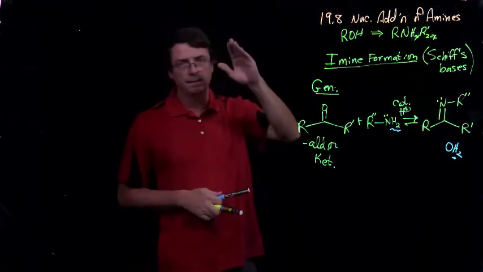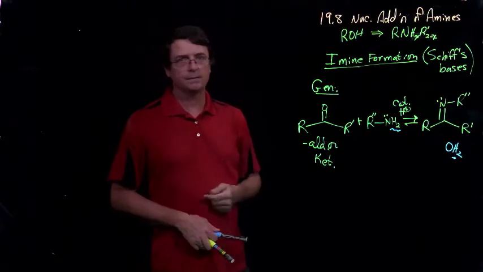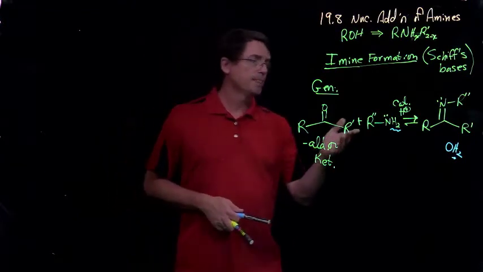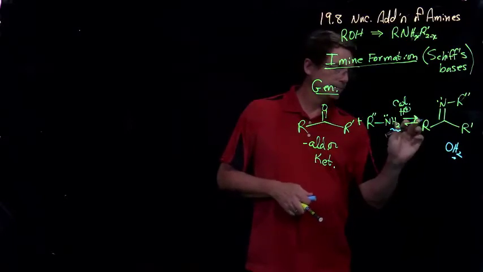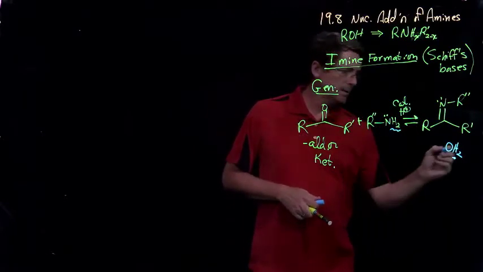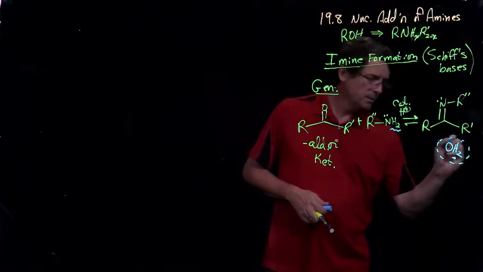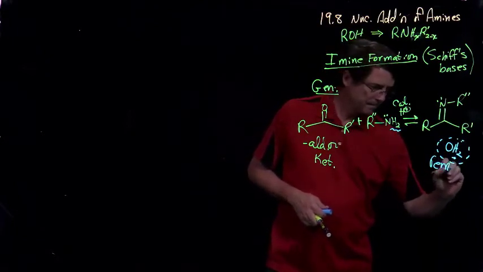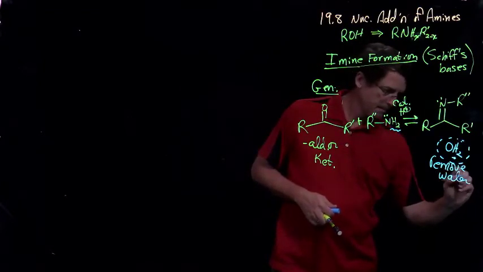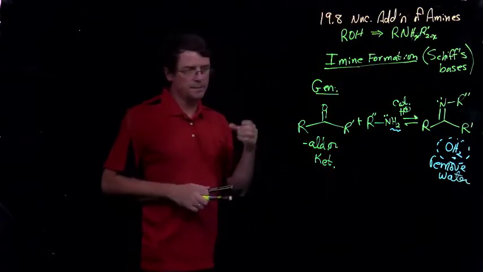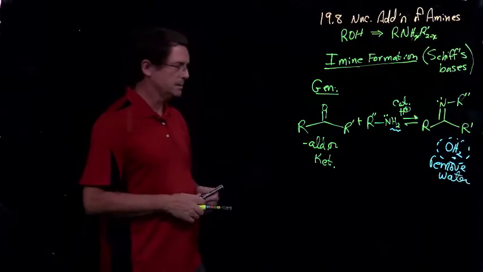But I typically encourage the students to learn to write that mechanism in both directions. The same is true here. So again, it's an equilibrium, and we will shift that equilibrium by somehow removing water. We can do that with solid state drying agents or again the Dean-Stark condenser.